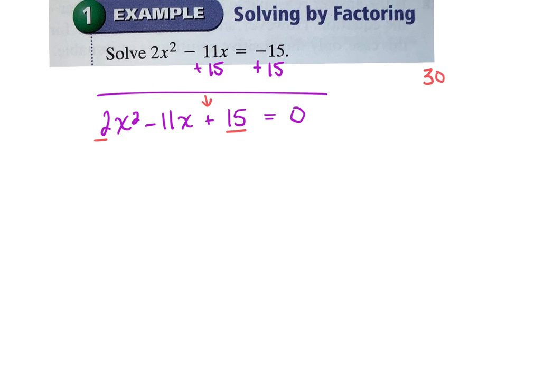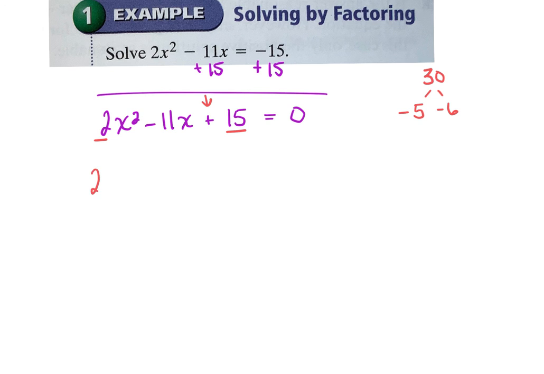So I have 5 and 6. 5 and 6 multiply to give me 30 and add to give me 11. Specifically, I need a negative 5 and a negative 6, right? Negative 5 times negative 6 is positive 30, which is what I want. Negative 5 plus negative 6 is negative 11, which is what I want.